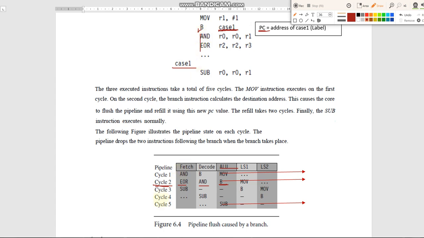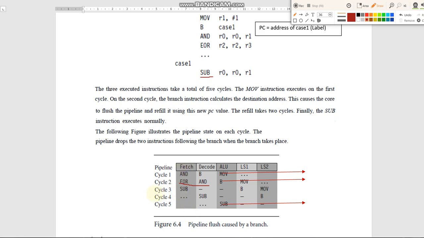These two instructions, the AND instruction and the EOR instruction, are already in the pipeline. But the processor has to flush out these two instructions from the pipeline, and bring the new instruction into the fetch phase of the pipeline.